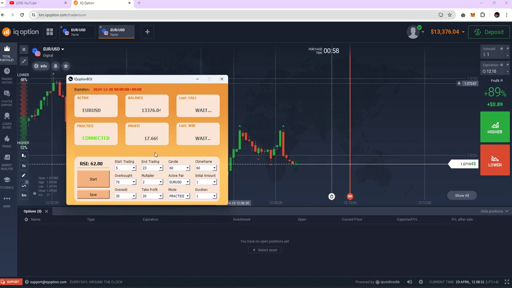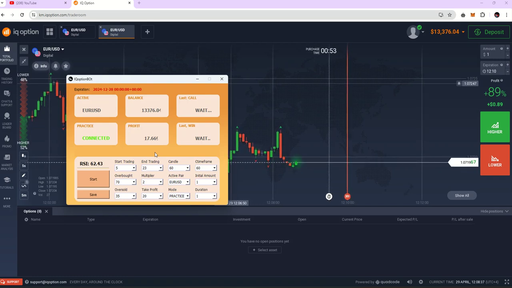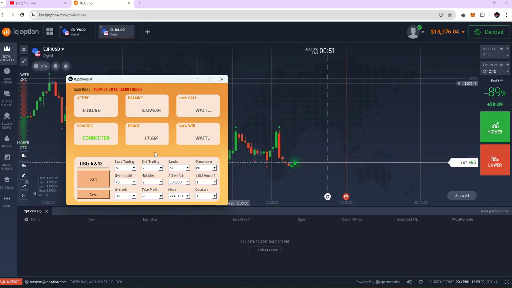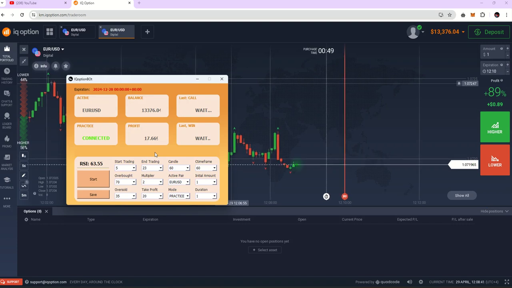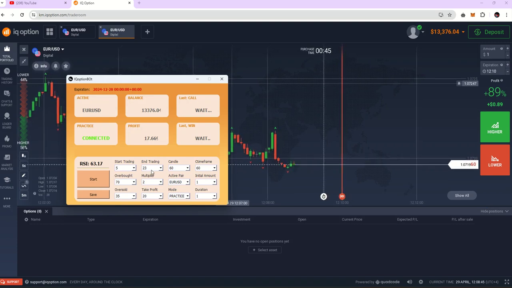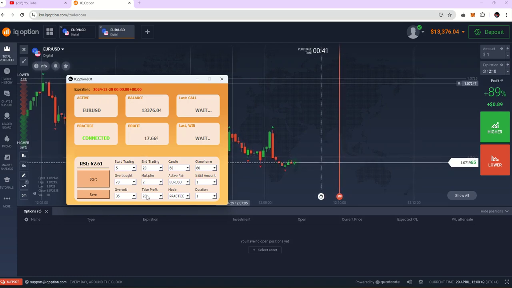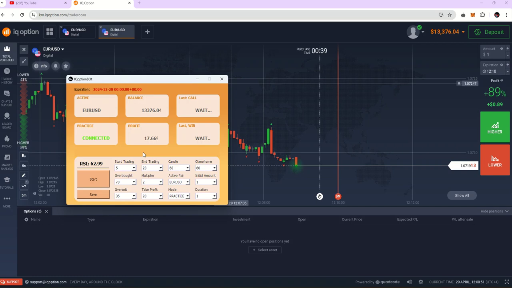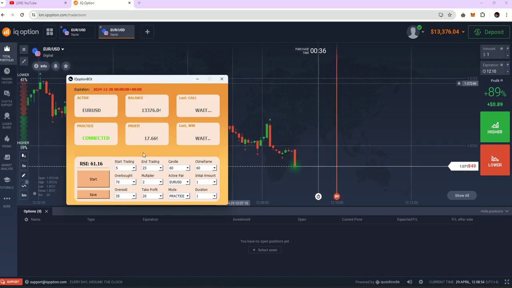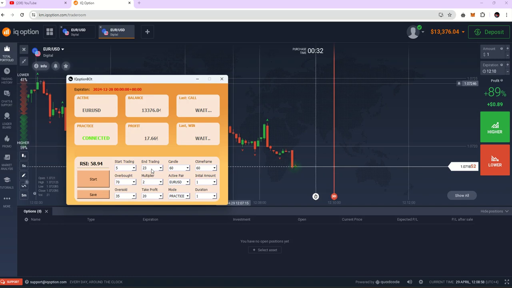And then you don't need to turn this off. If you want to, you can, but you don't need to. This will continue tomorrow on the next trading day. As you can see, there's a start trading and end trading. So if you reach the take profit, it will pause and continue the next day at 5 a.m. until 11 p.m. in the evening.